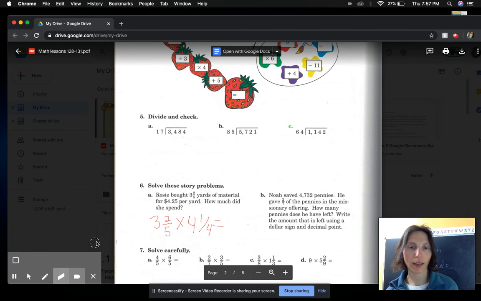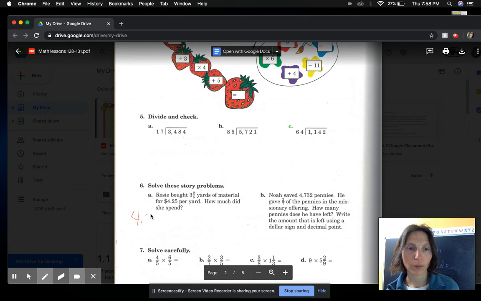Okay, let's try that again. I think there's another way to do this. So let's instead do 4.25 over 1 times 3 2/5, which I need to change to an improper fraction. So 15 plus 2 is 17. That's going to be 17 over 5.